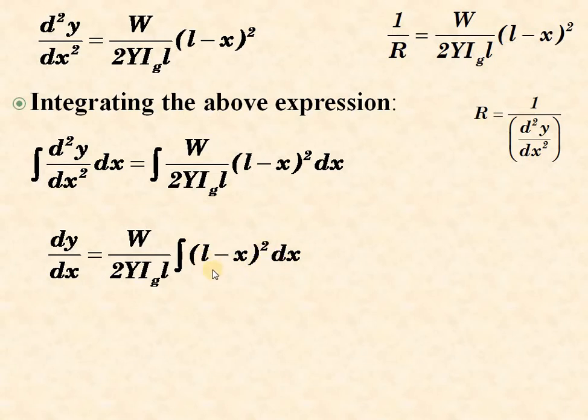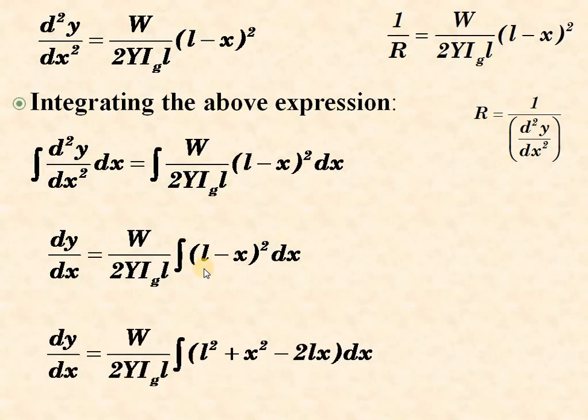We have to integrate (L minus X) square dx. Keep in mind that this L is a constant, and obviously this can also be taken as a constant due to integration. So prior to that, we square the L minus X term.